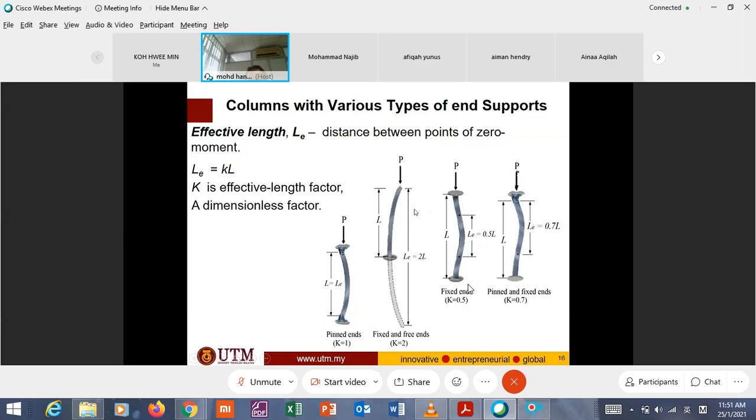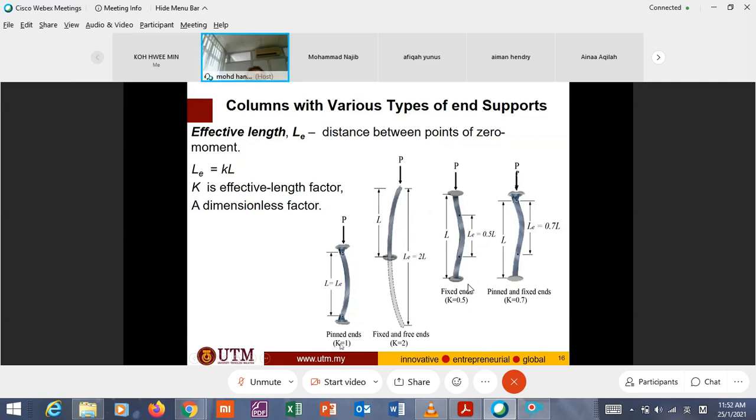Why is it 2L? Because it's assumed that it will buckle, and this buckling is equal to a half sine curve. If you reflect this one here, it will become one single sine curve, which makes LE equal to double the length.